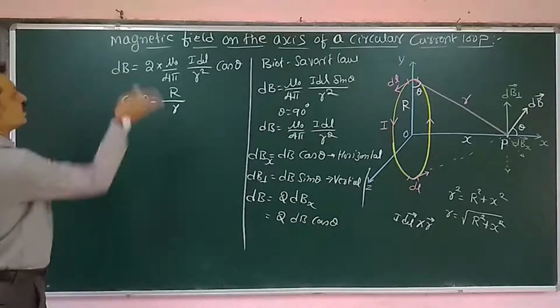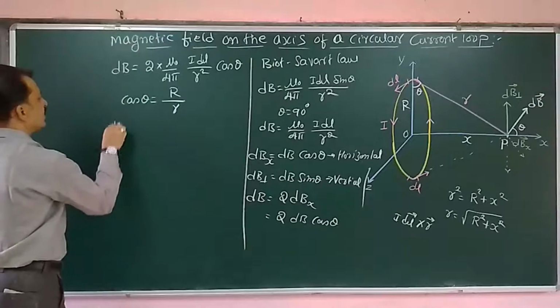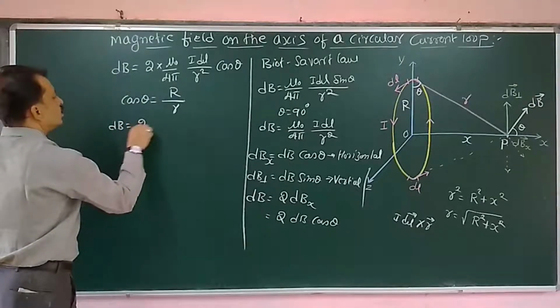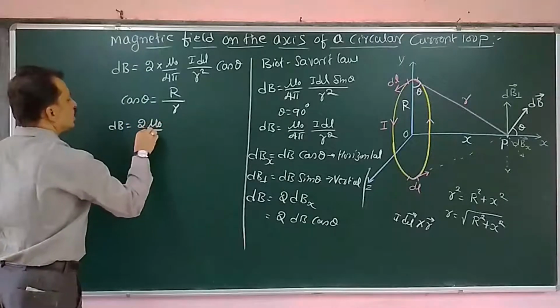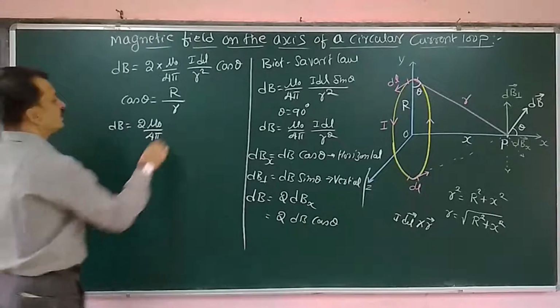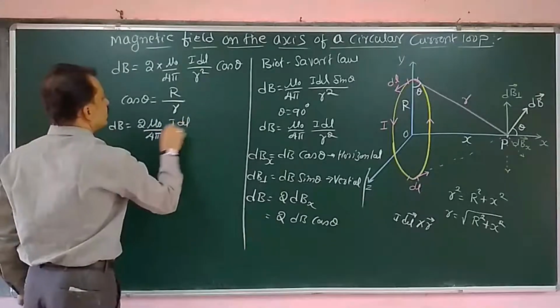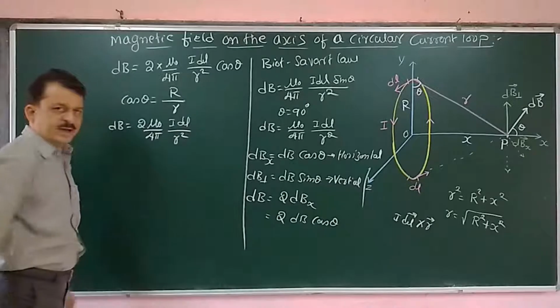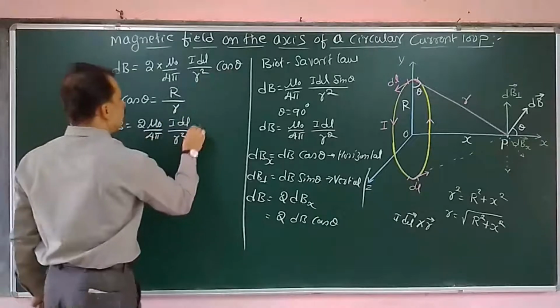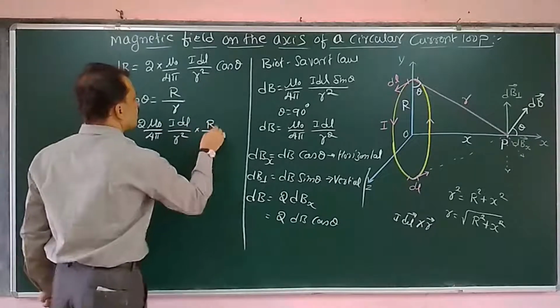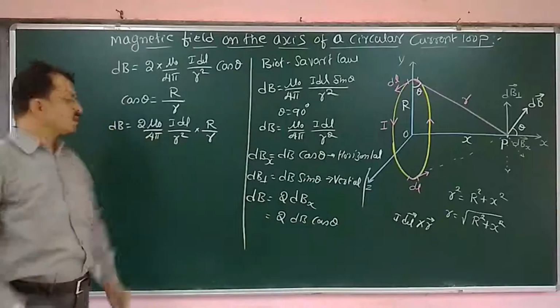Clear? Now substituting in the above expression, we get dB is equal to 2 mu naught divided by 4 pi I into dl divided by r square. Now the value of cos theta is capital R divided by small r.